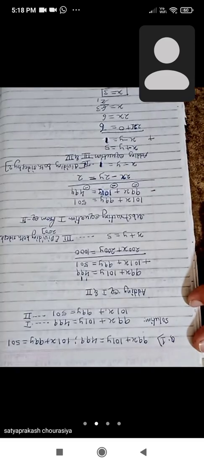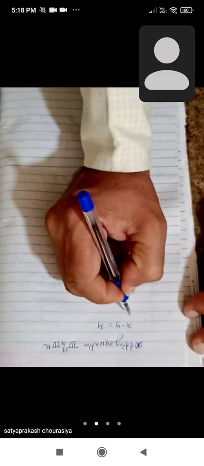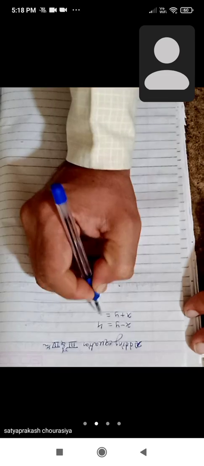Here you will get x minus y is equal to 4, and here x plus y is equal to 10.